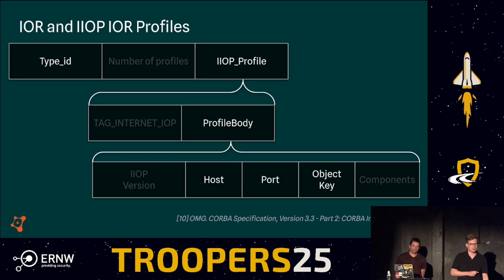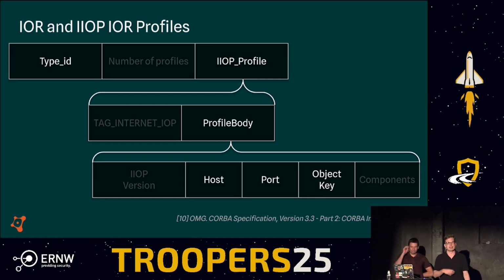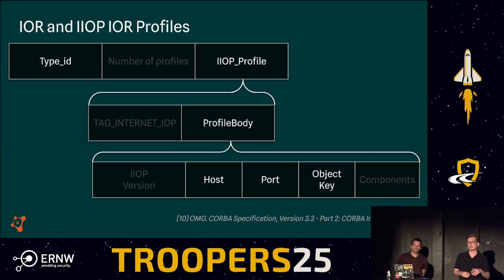And an IOR is basically a data structure which contains different parts. So first you have a type ID or repository ID, which is like an identifier for the CORBA interface. And then you have a set of profiles. And the standard says one such profile allows you to drive an entire invocation.